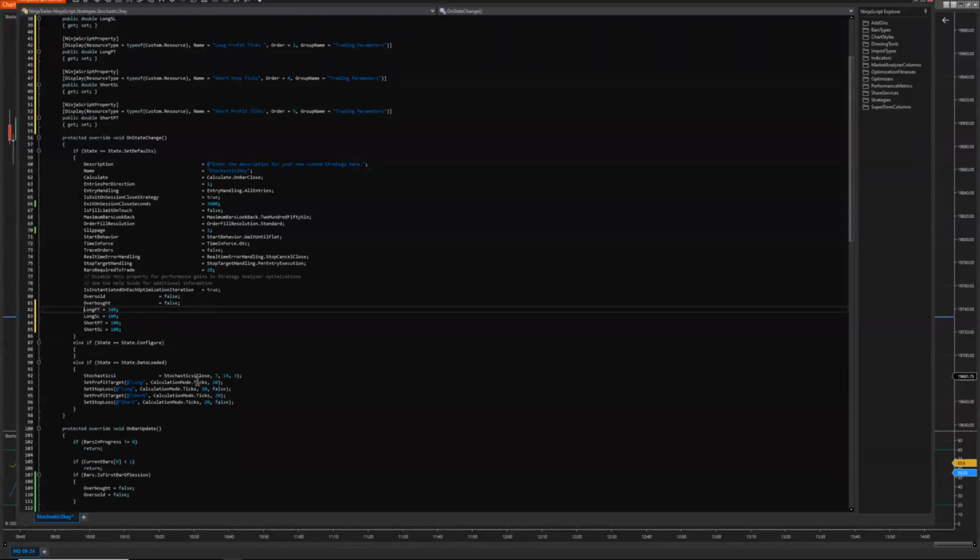And then we'll do long PT, long stop loss, short PT, short stop loss.